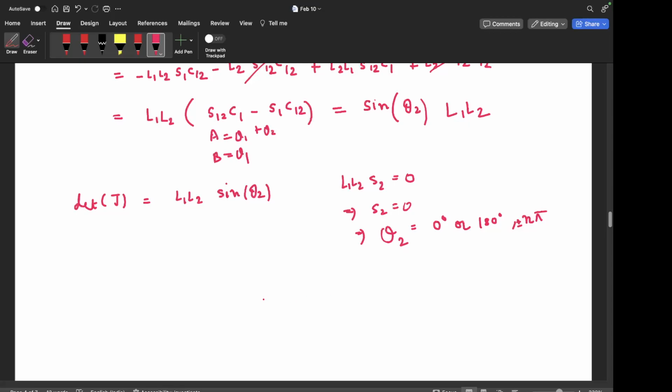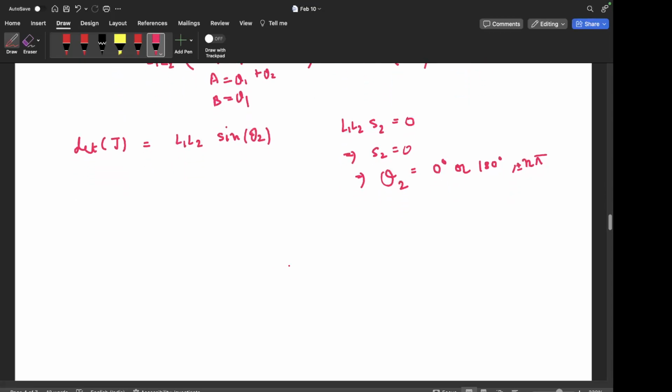Okay, so let's sketch. Since we are working with 2R manipulators, we can easily sketch these configurations to get a clear picture of what these positions of the manipulator are. So let's do the first case when theta 2 is equal to 0.